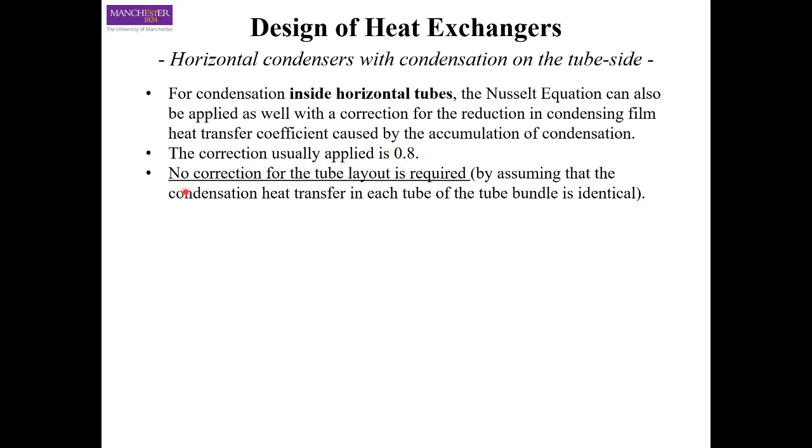In this case we don't need a correction factor for the tube layout, like we did with Nr in the previous slide, because condensation is happening inside the tube, and as such the layout is not important since we are assuming the condensation is the same in each tube.